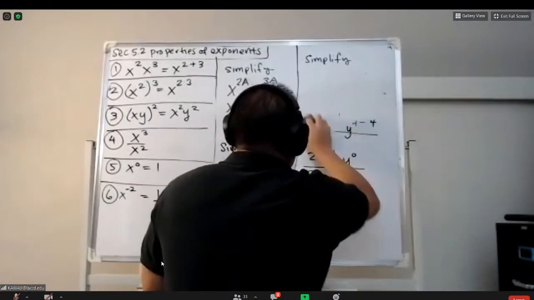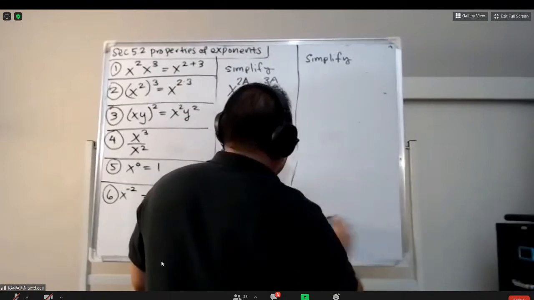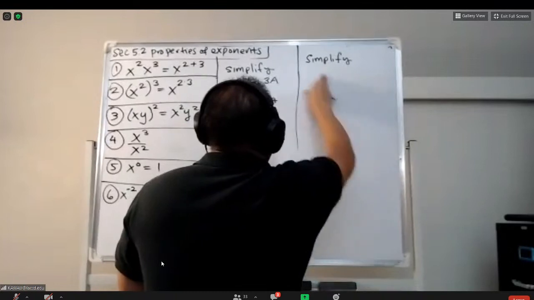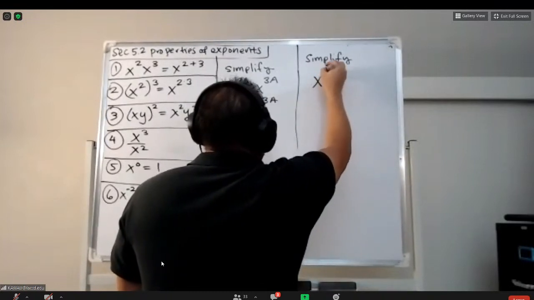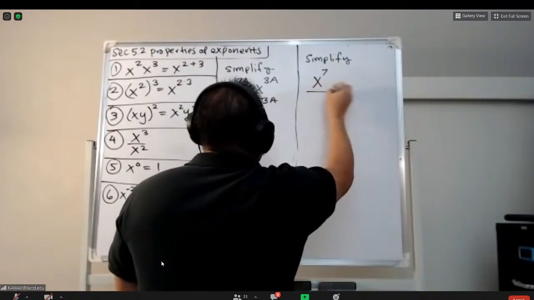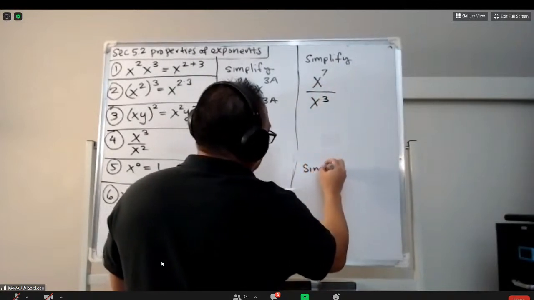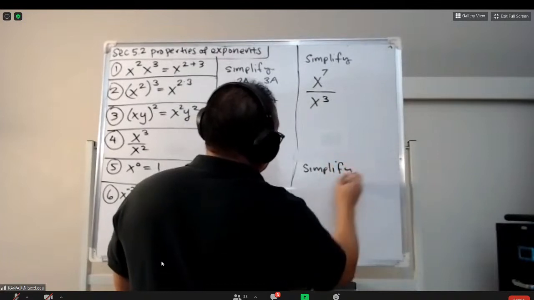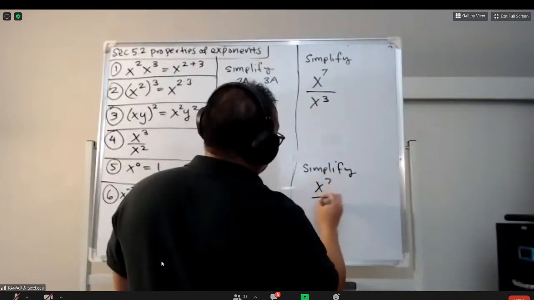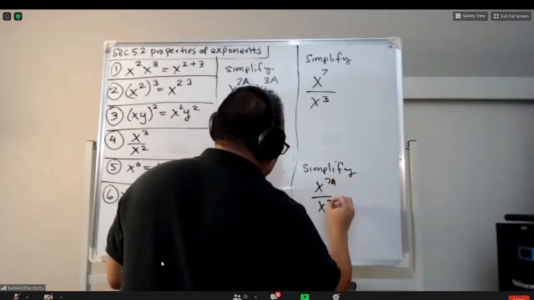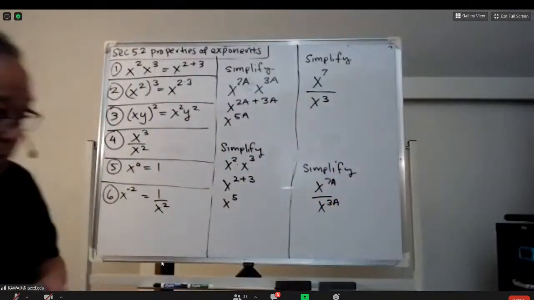Okay. So these rules don't just work for numbers, they also work for variables. So let's give you two different problems. Do that one. And then let's make these an A. So go ahead and try doing those.